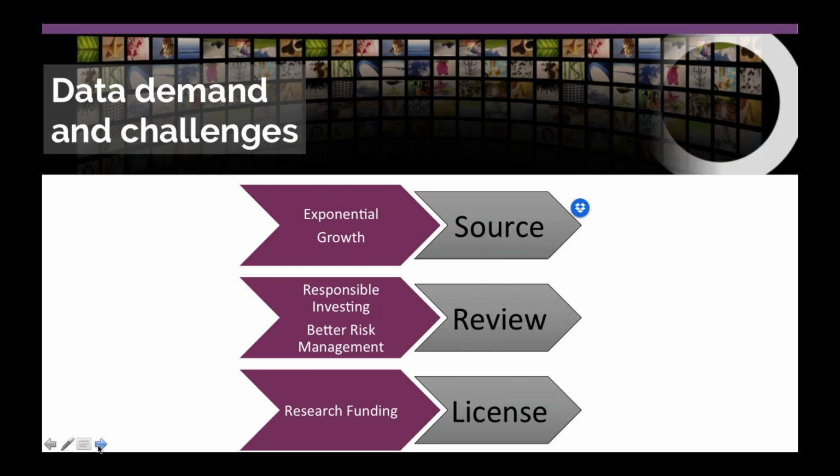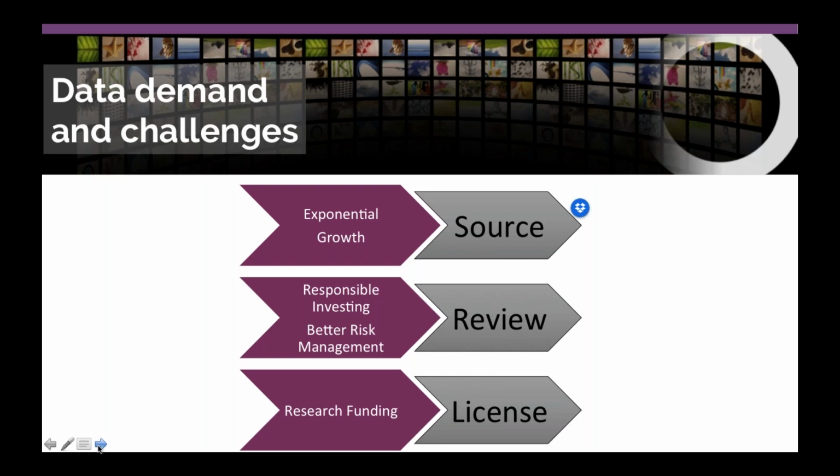What's priming the pump and really causing this explosion in data is a lot of research funding. So a lot of academic and commercial research organizations are being funded to produce increasingly large amounts of data. Now, the challenge with this is that although there's more data out there, it's not always easy to source the data that you need for the particular task that you're working on.